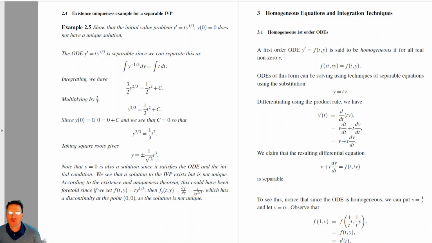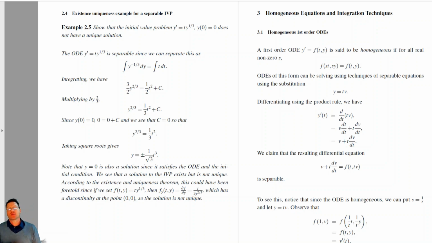So your first step in recognizing whether you have a homogeneous ODE is to test whether, if you substitute in a variable s next to the t and next to the y, you can cancel that s in the equation to determine that it's equal to f of t y.